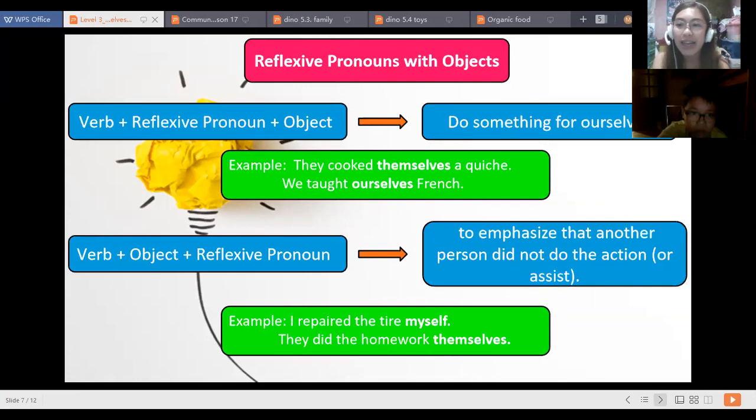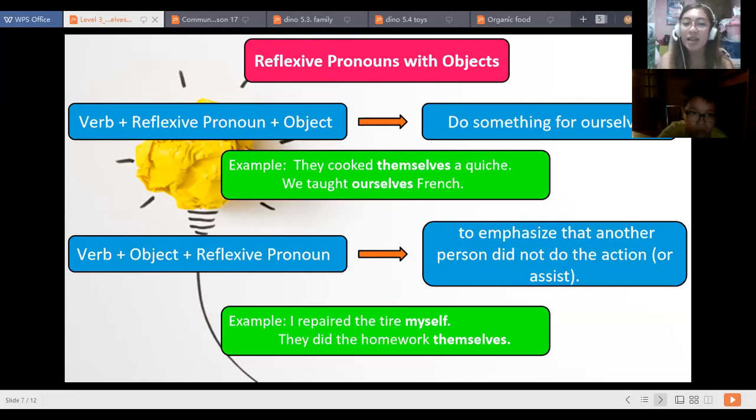Okay, I will read again, reflexive pronoun with the objects. So the verb plus reflexive pronoun plus the object. The meaning is used to do something for ourselves. Okay, for example, they cooked themselves a quiche. We taught ourselves French.